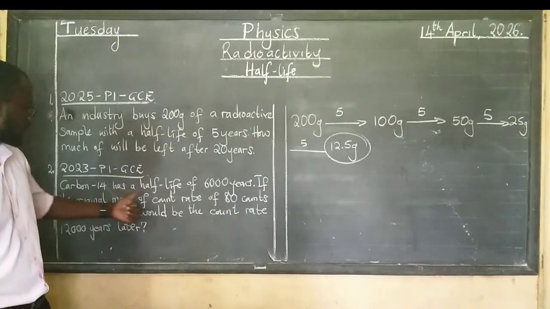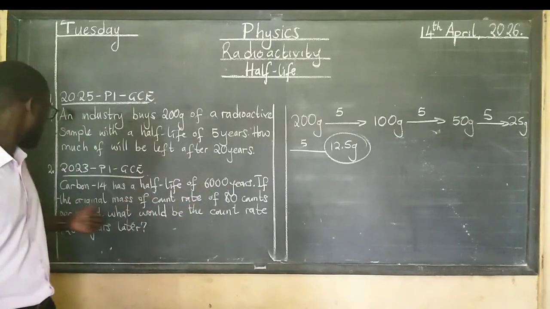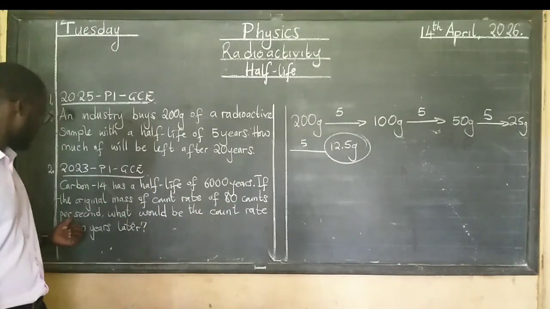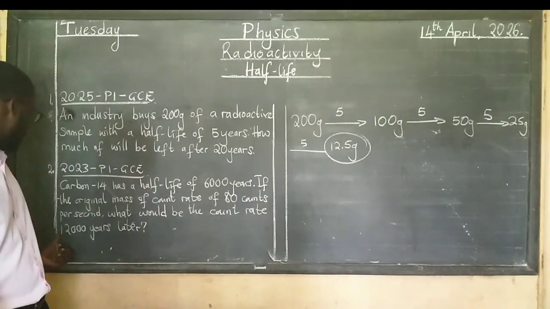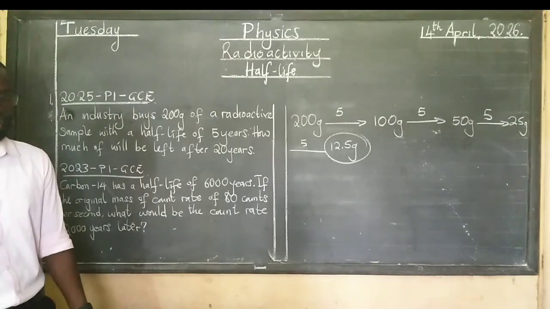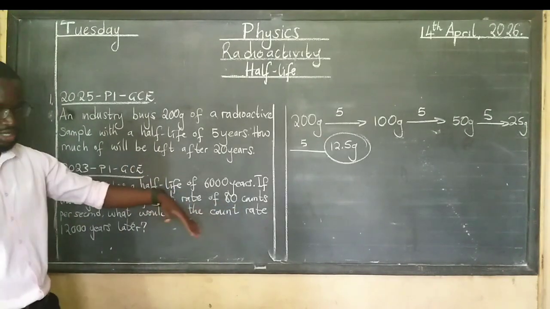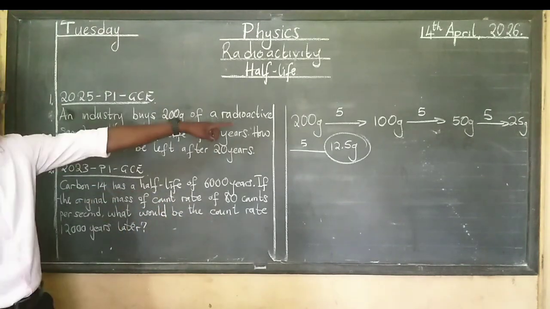Carbon-14 has a half-life of 6,000 years. If the original count rate is 80 counts per second, what would be the count rate 12,000 years later? Like I said before, we treat the count rate per second the same way we treat the mass.